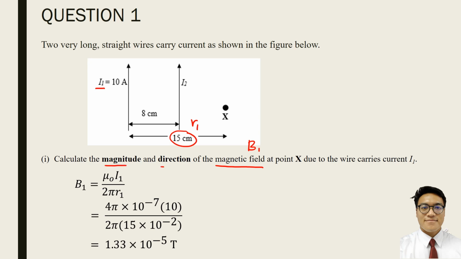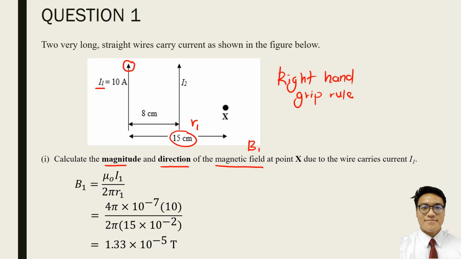How about the direction? For a straight wire like this, to determine the direction at point X, we need to use our right hand grip rule. If you grip with your right hand, your thumb points in the direction of current, which is upward. So this is the direction of current.